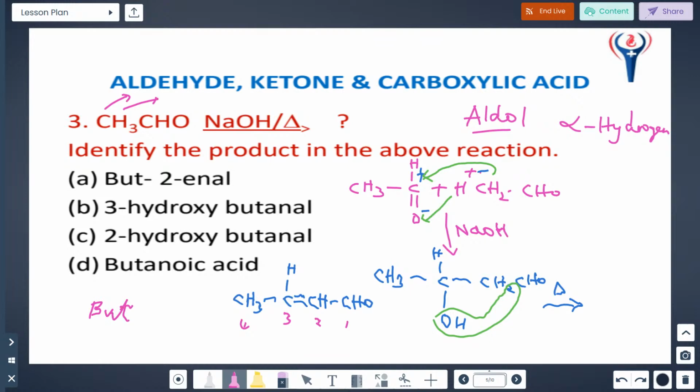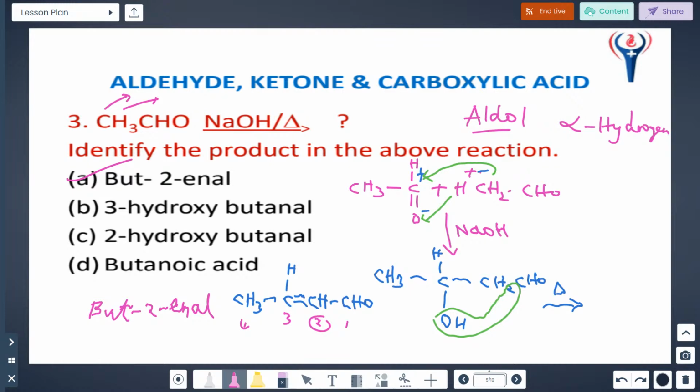See the double bond is between 2 and 3, so you take the lowest one, 2. But-2-ene. It's an aldehyde, and aldehyde ends with al. So but-2-enal. Now, see that it is the correct one. Are you following?